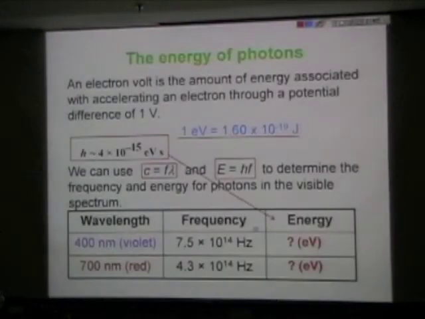Well, this is just an example of a calculation. This is another example of a calculation which involves another convenient unit for Planck's constant. For Planck's constant, sometimes instead of using joules, again we use electron volts.